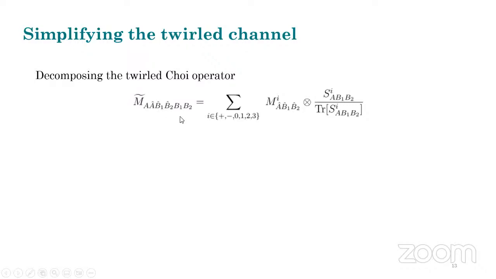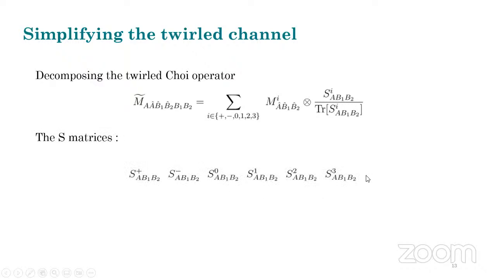M tilde was the original Choi operator that depended on the channel, but if it is twirled, then we get these S matrices, which are constants, and these M matrices are the only operators that depend on the original channel. So we know something about these S matrices. There are 6 of them.